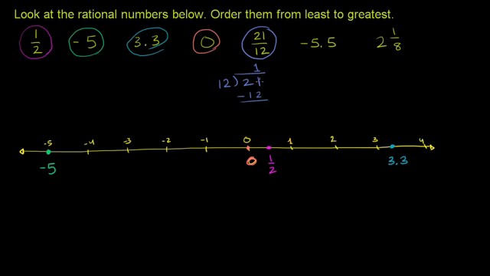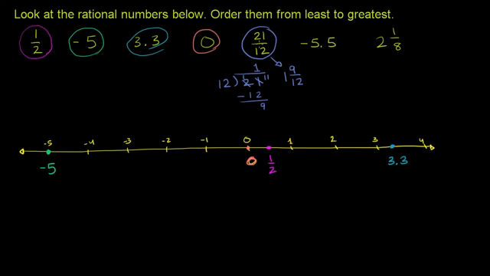We could regroup here: if we borrow 1 from the 2, it becomes a 1, and this becomes 11. 11 minus 2 is 9, 1 minus 1 is 0. So we have a remainder of 9. So 21 over 12 written as a mixed number is 1 and 9/12. You get 1 12/12 in there, and then 9/12 left over.